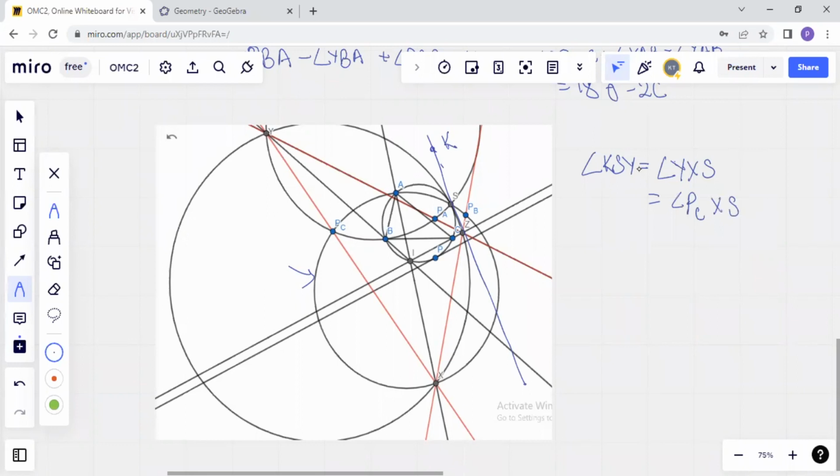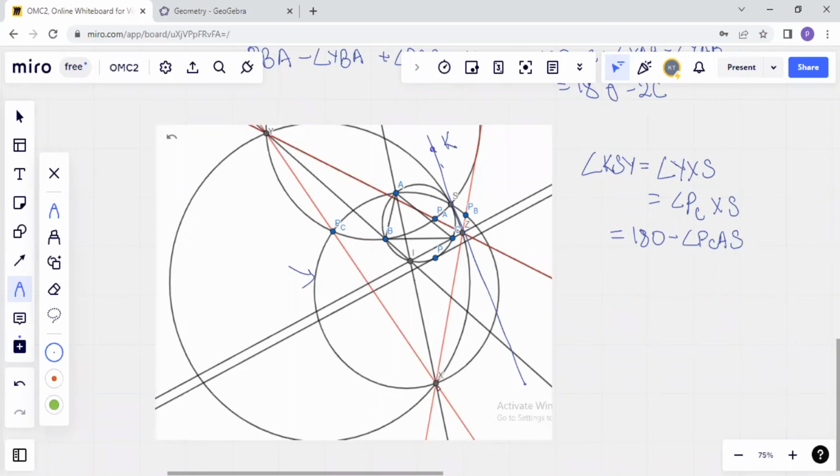PCSX, which we can write as 180 minus angle PCAS.